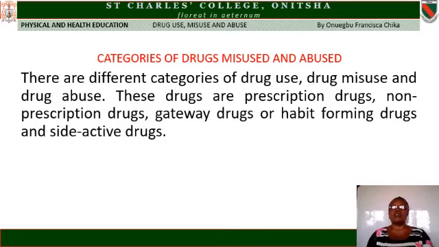Prescription drugs are those prescribed by medical personnel when you are sick. They may be misused or abused. People can equally abuse antibiotics and analgesics. These are under prescription drugs.